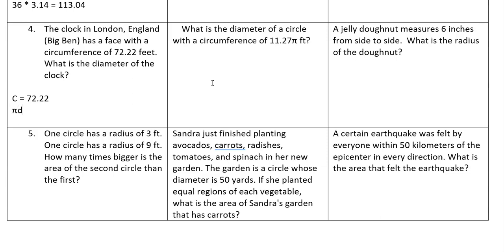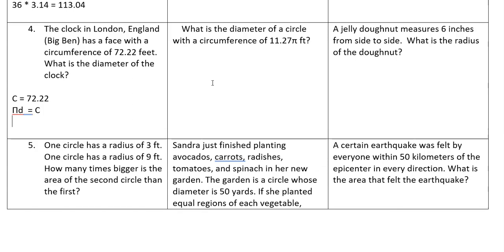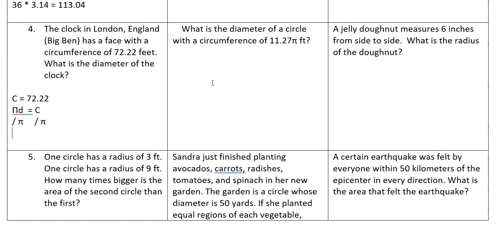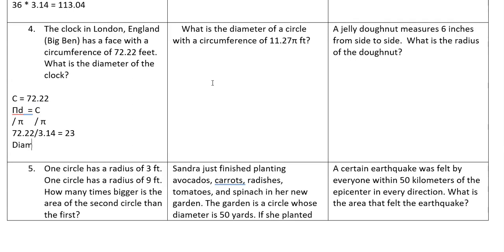So I could just take and divide both sides by pi. And when I divide both sides by pi, 72.22 divided by 3.14 gives me 23. Therefore, my diameter is equal to 23.